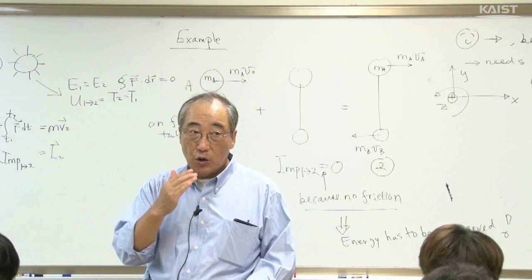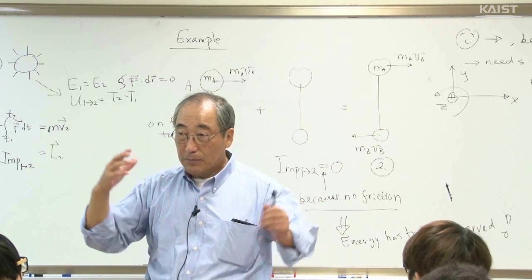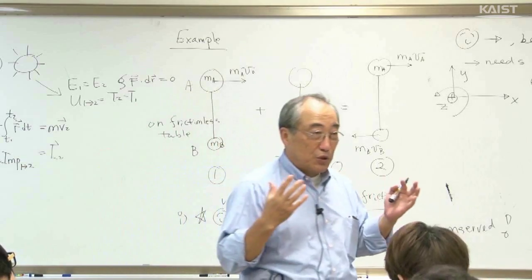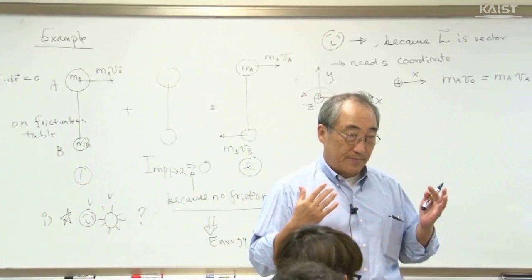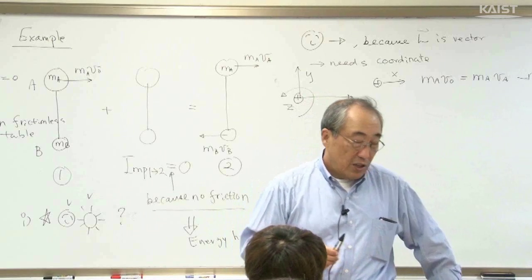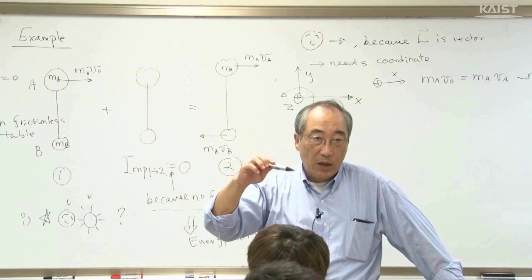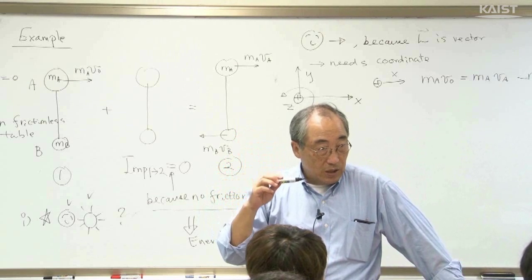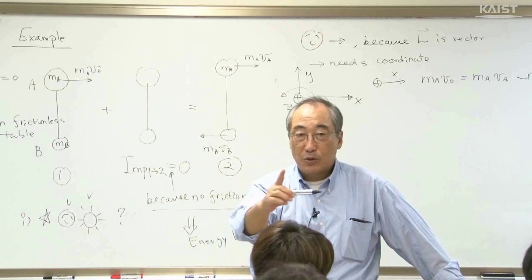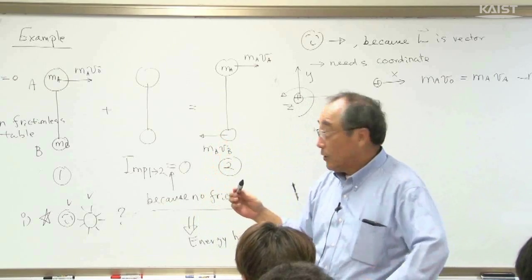You just follow the law. You don't have to be puzzled by something which you do not know. So I'm emphasizing again, this is a dynamics course. You select the rule and you follow the sign convention of the coordinate, and then, as you know, the number of unknowns and the number of equations.